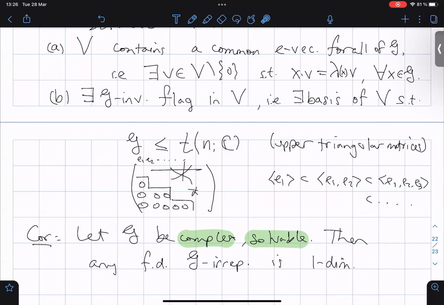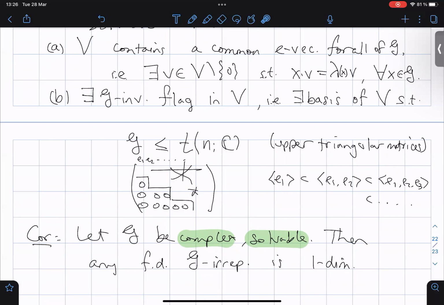So, one-dimensional irreducible representations, you might think, well, what can a Lie algebra do to a one-dimensional thing? Well, it could just act by scalars on that one-dimensional vector space, right? So that's not that interesting. But what this is saying is that the goal is to describe all representations, right?